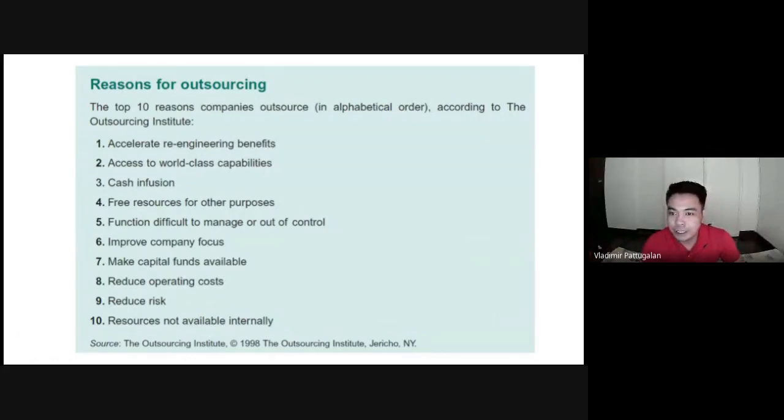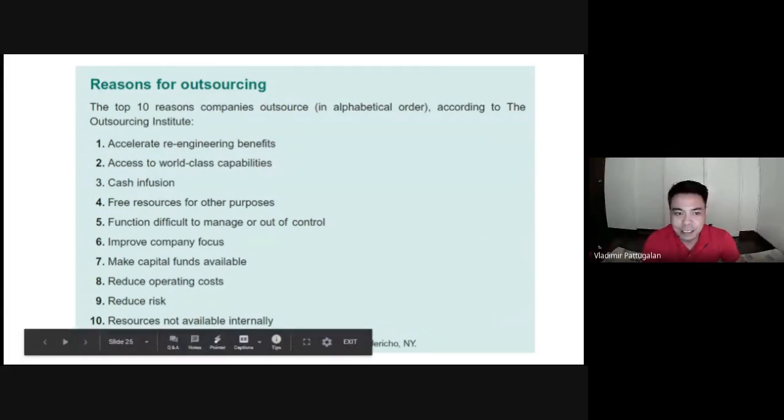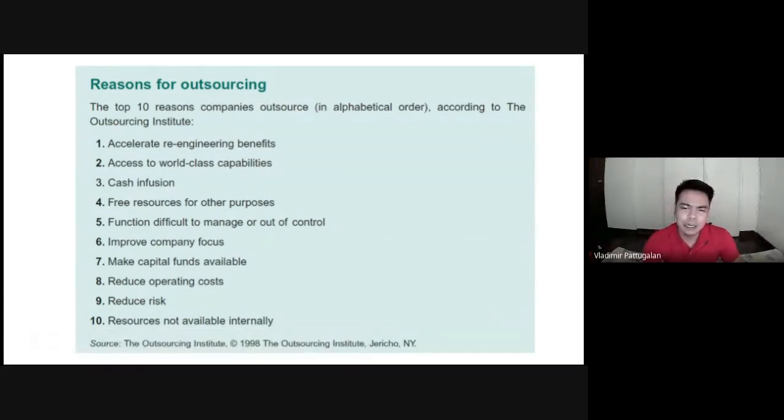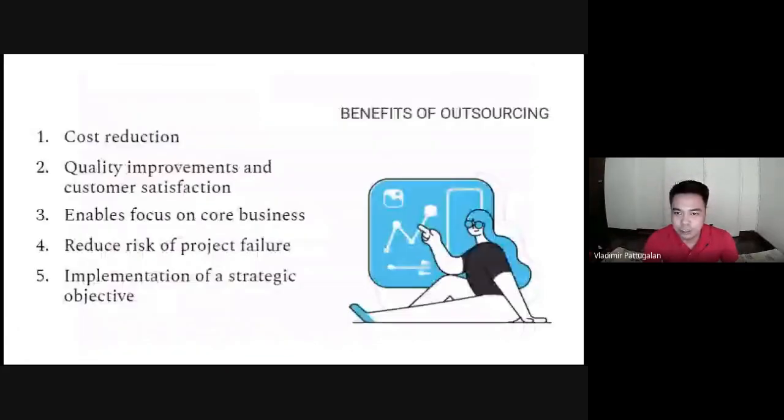Now, if you would read these top 10 reasons to outsource, I think they can be reduced and summarized into 5 main reasons. So number one is cost reduction.